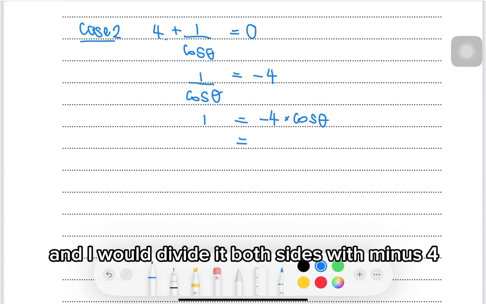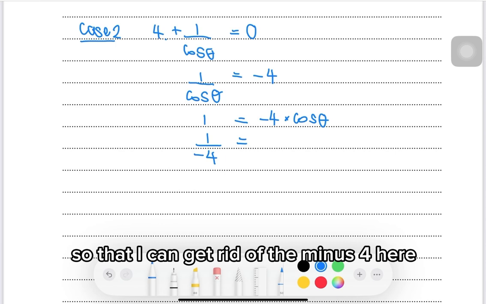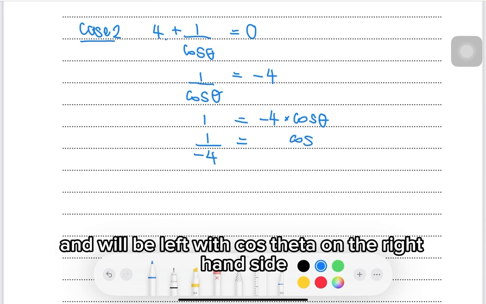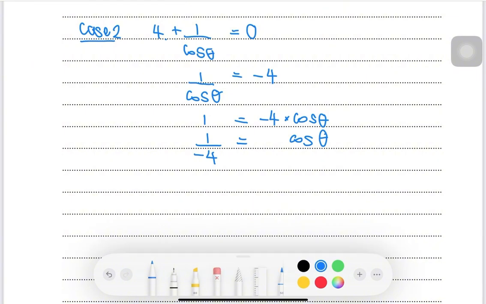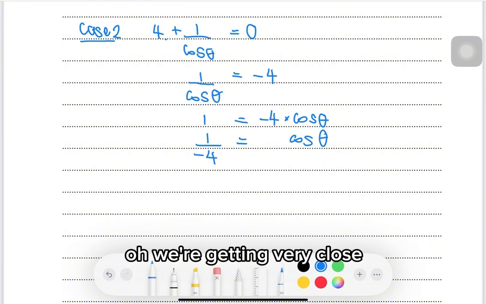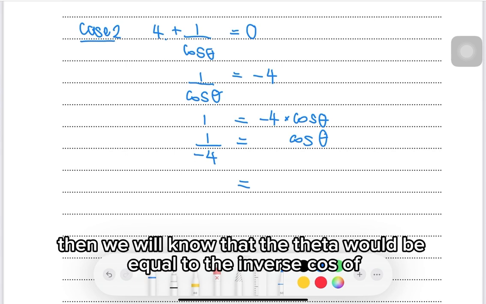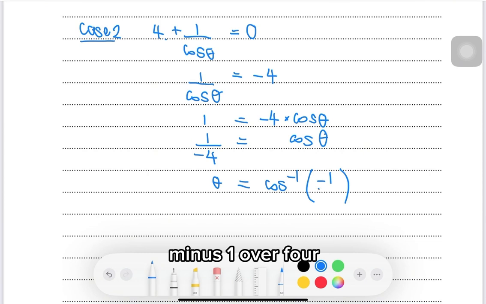And I would divide both sides with minus 4 so that I can get rid of the minus 4 here, and we'll be left with cos theta on the right hand side. We're getting very close. Then we will know that the theta would be equal to the inverse cos of minus 1 over 4.